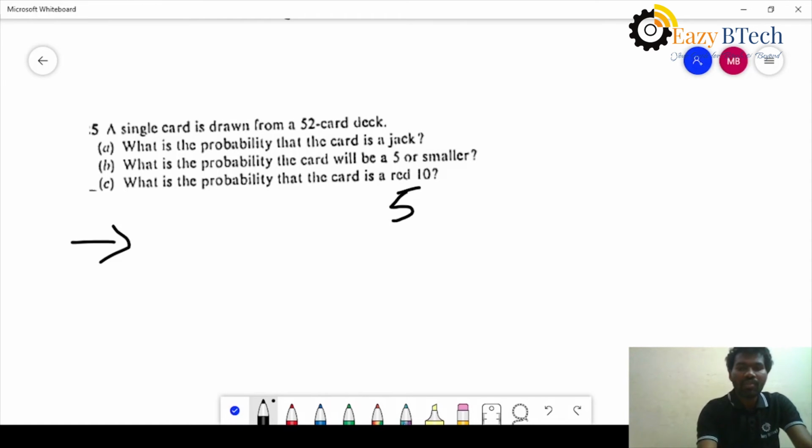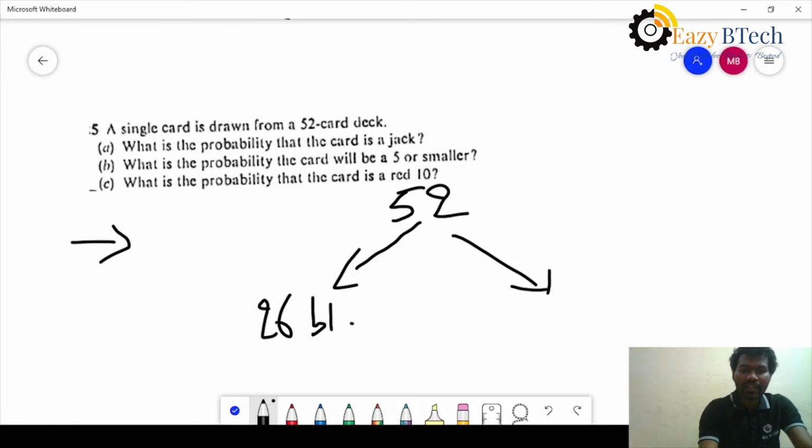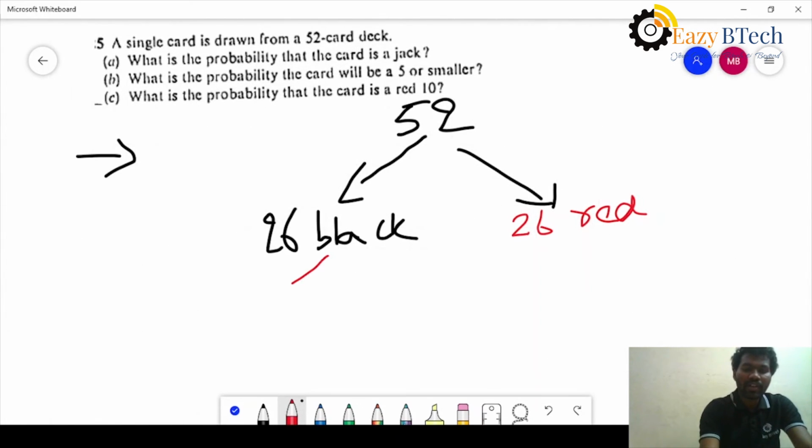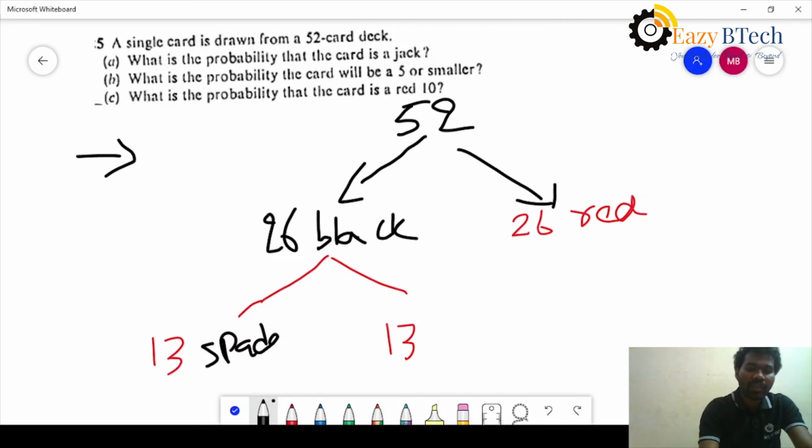In a deck there are 52 cards. Out of 52, 26 are black cards and 26 are red cards. These 26 black cards can be divided into two types: 13 are spades and 13 are clubs.